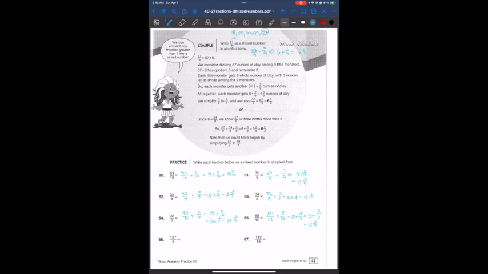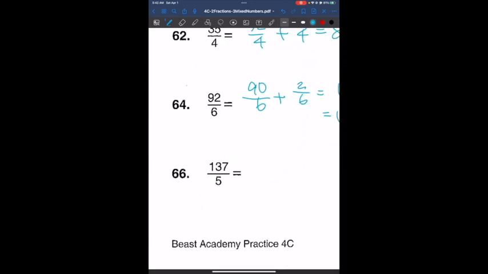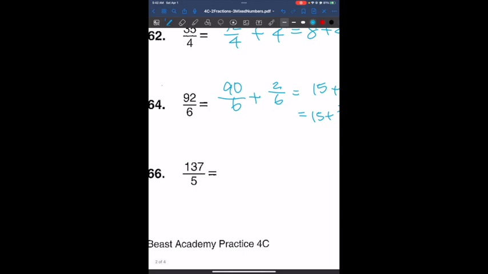And then we're going to look at 137 over 5. So a multiple of 5 that is closest to 137 but still less than 137 is going to be 135. And again, using the divisibility test, it ends with a 5, so we automatically know that it's divisible by 5.